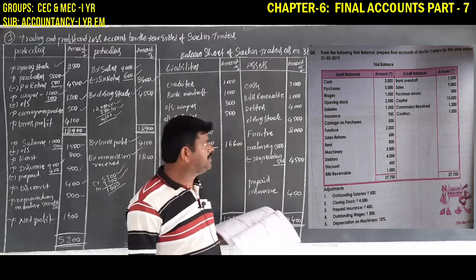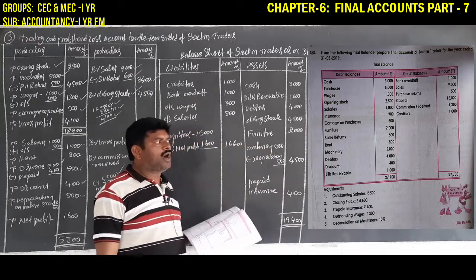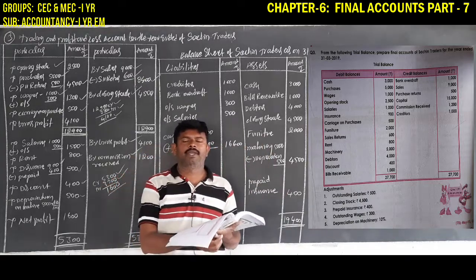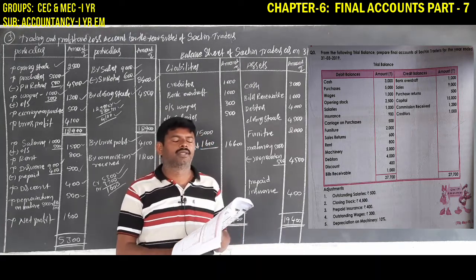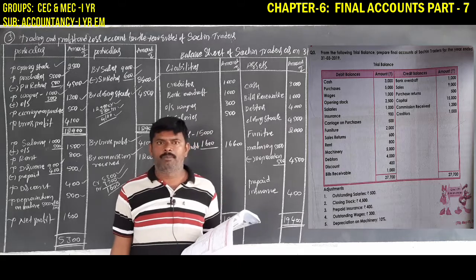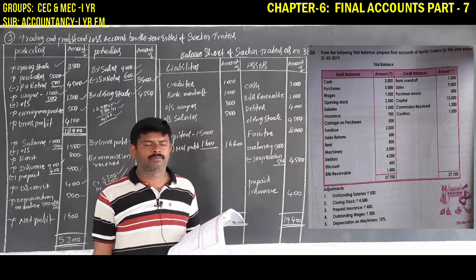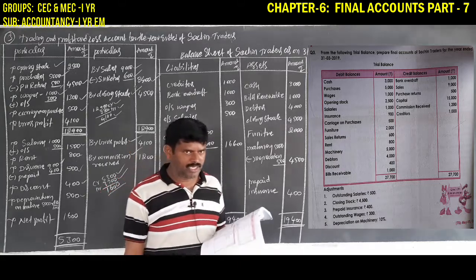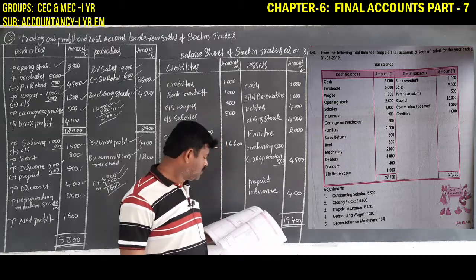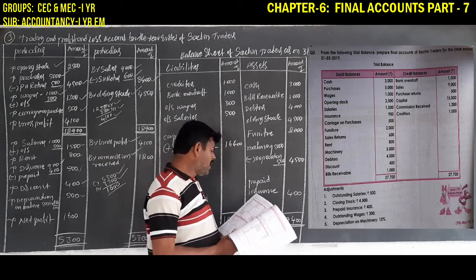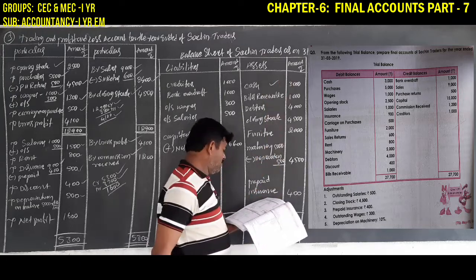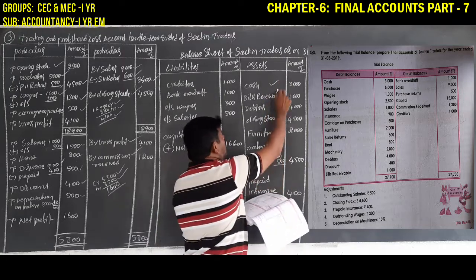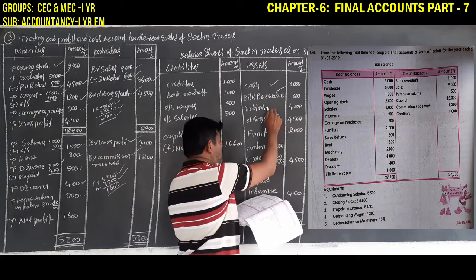Next, come to the balance sheet. So what are the trial balance debit aspects? Recording related to the trading account is over, and the P&L account is over. The rest of the transactions must be recorded on the asset side. Observe on the debit side of the trial balance: cash, this is one; bills receivable, this is one; debtors, this one.